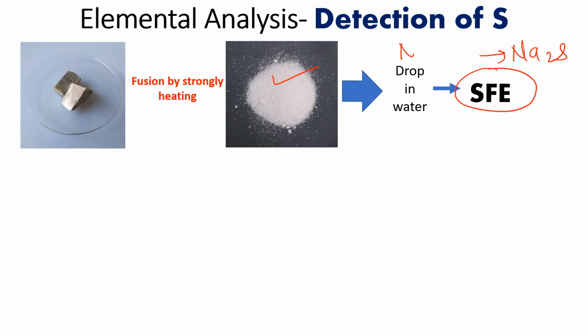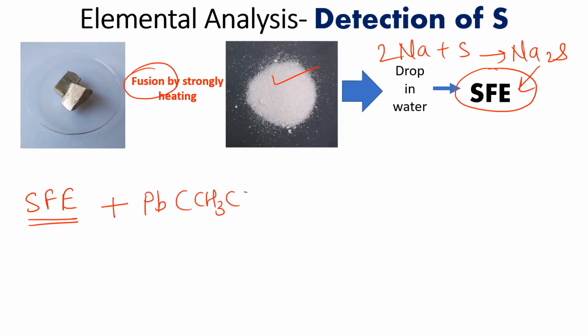This has happened during the sodium fusion test, and now the sodium sulfide is present in the sodium fusion extract. Now I want to check the presence of sulfur in my sodium fusion extract. So I will take a little amount of sodium fusion extract, and in that I will add lead acetate.